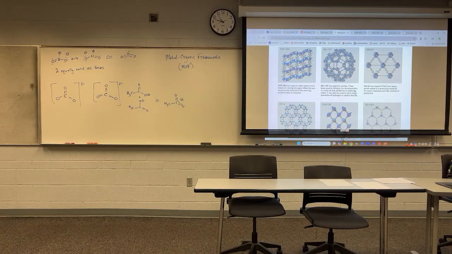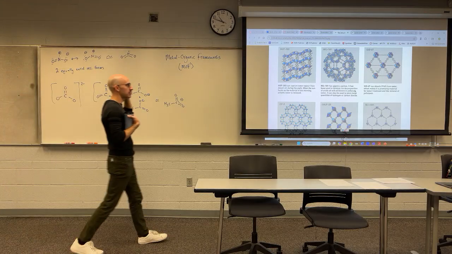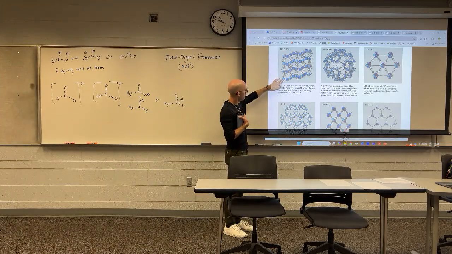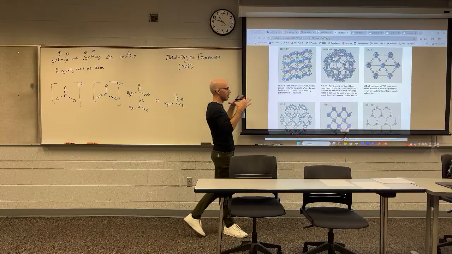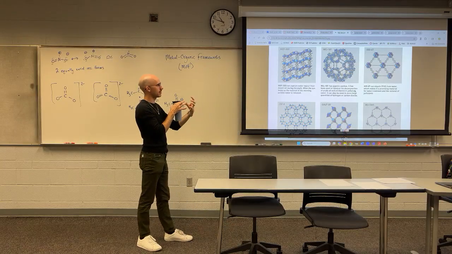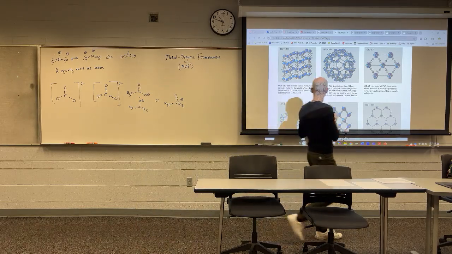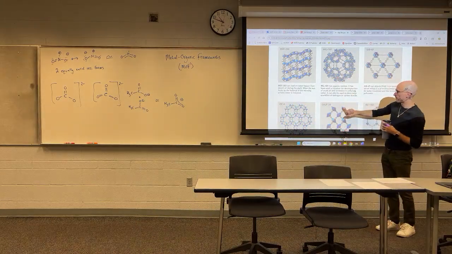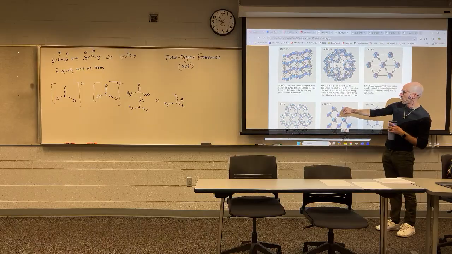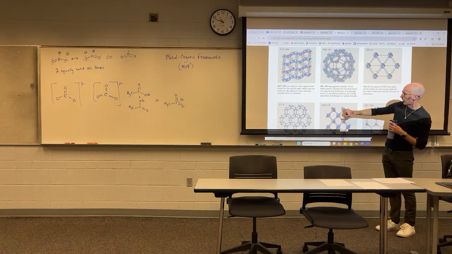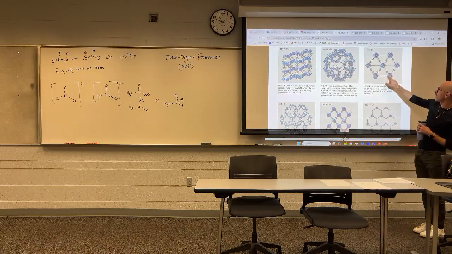Now these are abbreviations of the framework. You can see these blue shapes are actually geometric faces surrounding metal ions. They're not inherently metal ions themselves, but they represent a metal ion being on the inside.